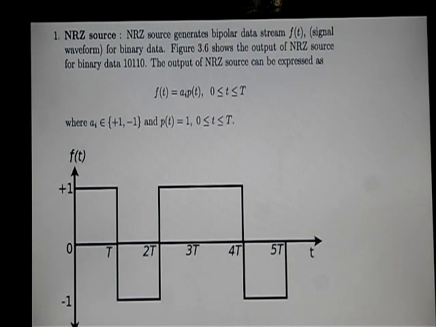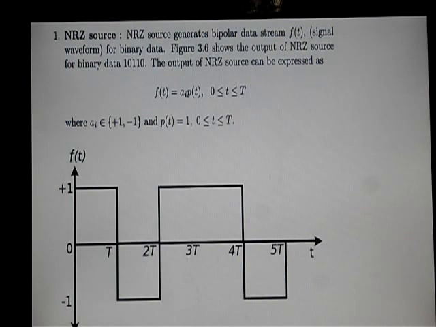You can see the signal waveform for binary data. So when you have the data in the form of 1 0 1 1 0, the bipolar data stream is shown for this binary sequence 1 0 1 1 and 0.